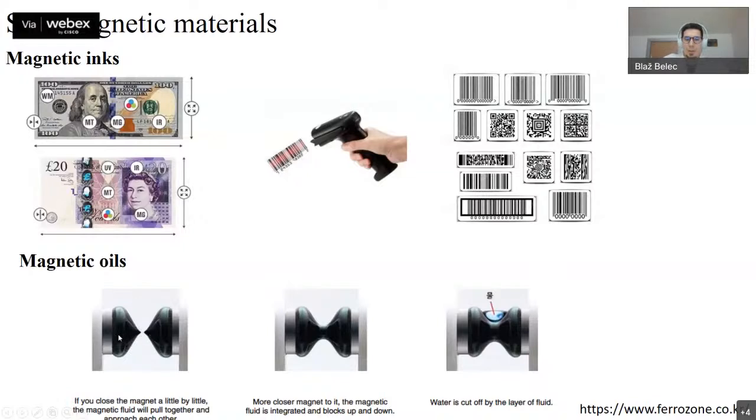When the magnets with magnetic fluid come together, the magnetic fluids interact, and it acts like some kind of prevention for water to come inside this mechanism where we have our fishing rod.